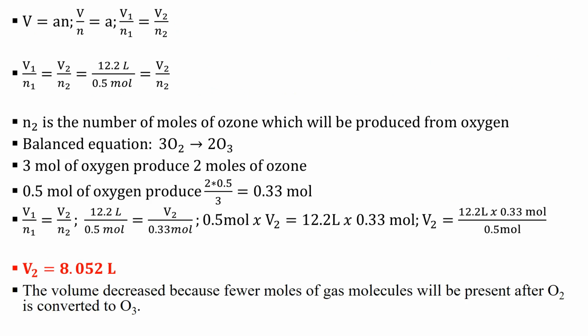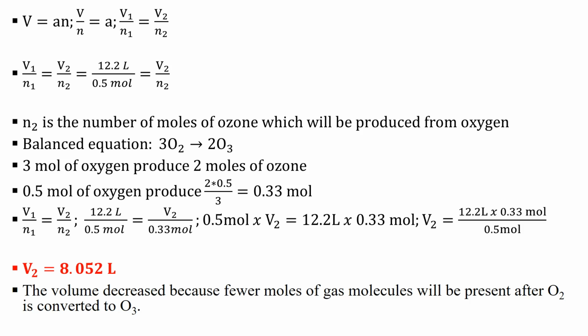V1 is the volume 1, and N1 is the number of moles 1, and V2 is the volume 2, and N2 is the second number of moles. For this one, we have V1 and N1, because we have the moles of oxygen, which is 0.5 moles, and the volume that they occupy, V1, which was given as 12.2 liters. And for N2, we need to find the moles of ozone which will be produced from the balanced equation.